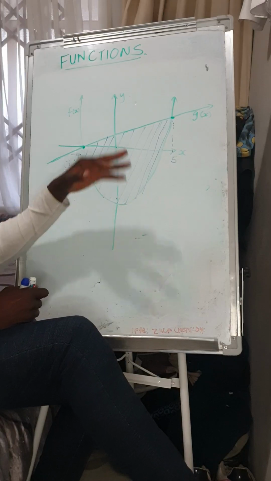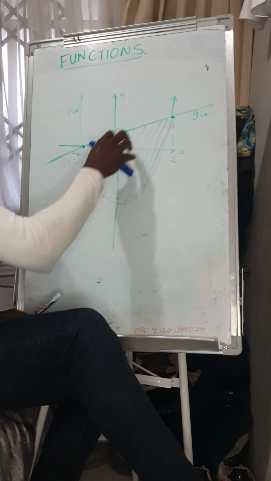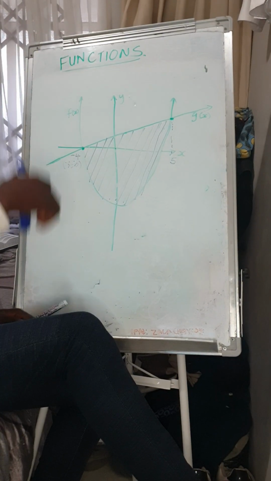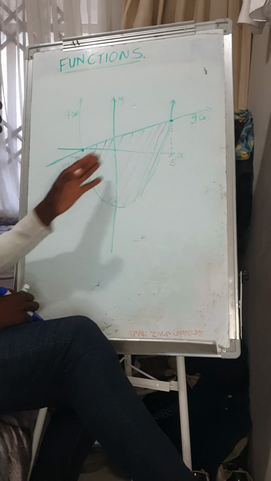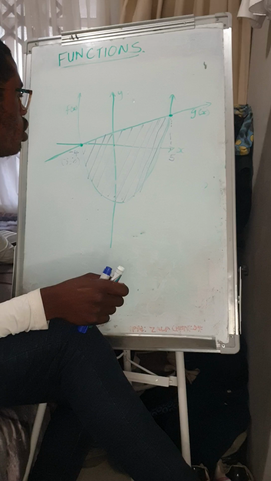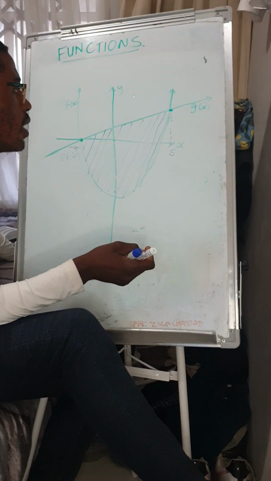They tend to combine this linear plus curve. So all this part, g of x is greater than f of x. But then on the same spot, from negative 4 going the other side, and from 5 going the other side, g of x is less than f of x.